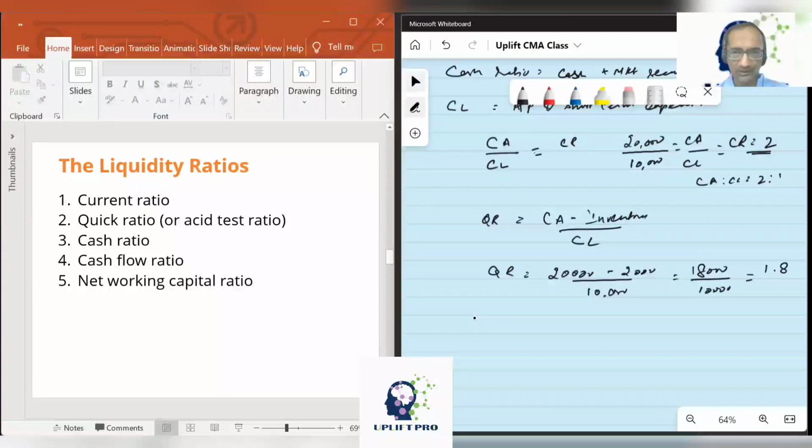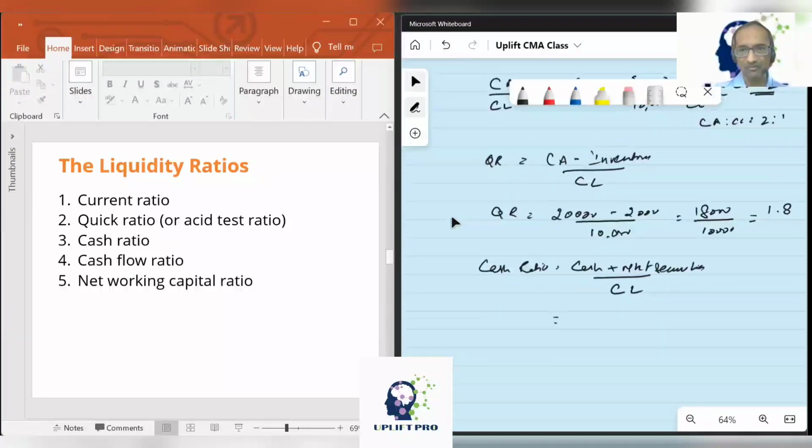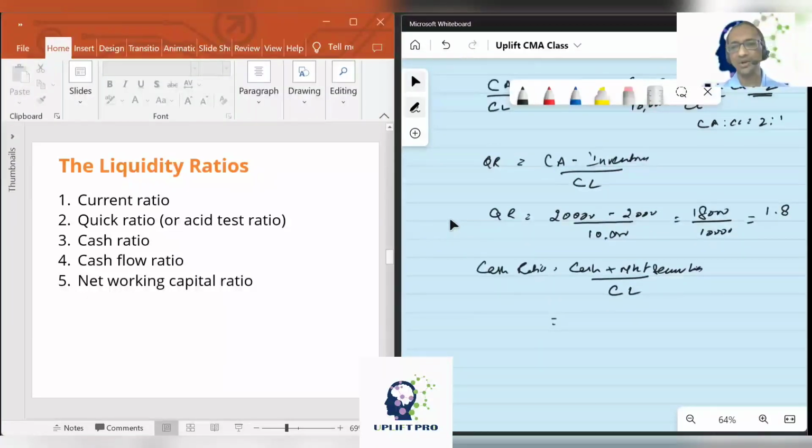Now the next one is cash ratio. What is cash ratio? I told you it is cash plus marketable securities divided by current liabilities. So using the same example, let us assume that out of 20,000 current assets, your cash and marketable securities amount to $10,000, and you have current liabilities of 10,000.